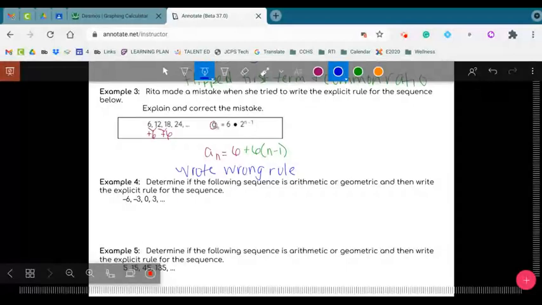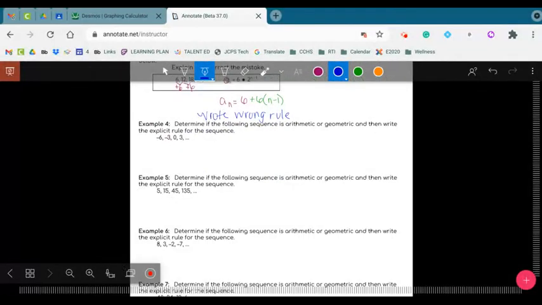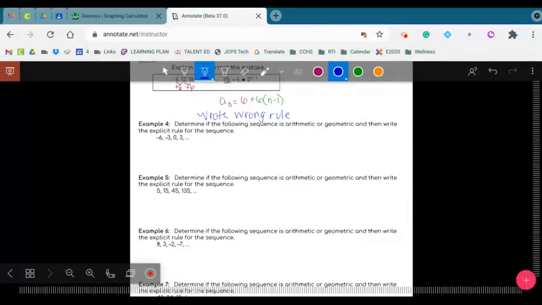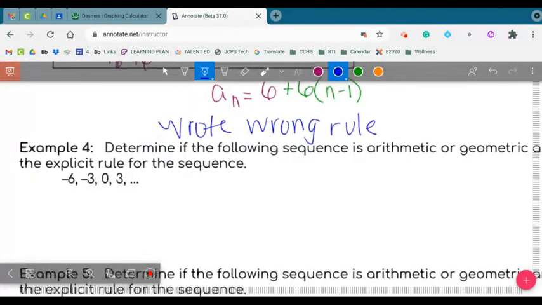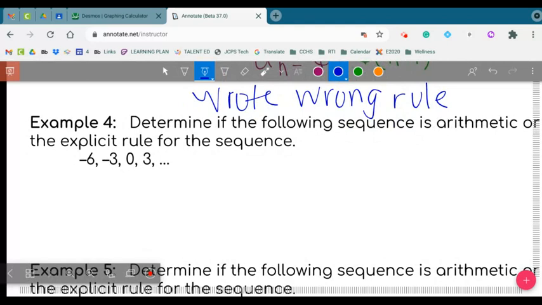Okay, now next, examples 4, 5, 6, and 7, we're going to have to determine whether they're arithmetic or geometric, and then we're going to have to write the explicit rule. So the first one, we go from -6 to -3 to 0 to 3, so we're adding by 3 each time. So since we're adding 3, it's arithmetic.